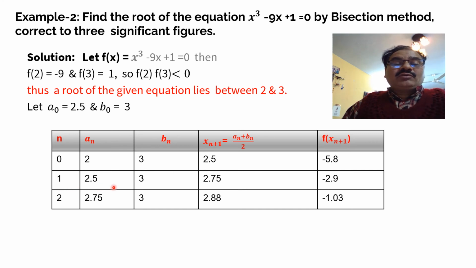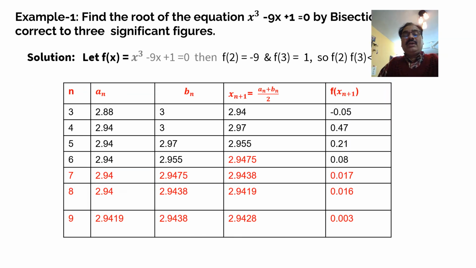Similarly for 2.5, 3, you get 2.75 and minus 2.9. Similarly, taking 2.75, 3, you will get 2.88, and this is again negative, the same sign, minus 1.03.